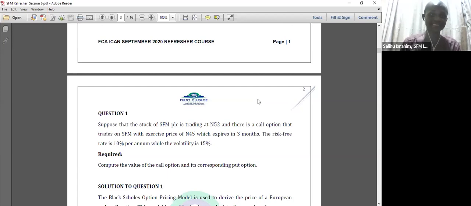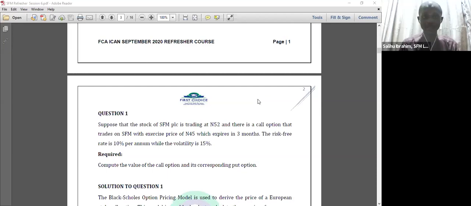The risk-free rate is 10% per annum, while the volatility is 15%. Required: compute the value of the call option and its corresponding put option.